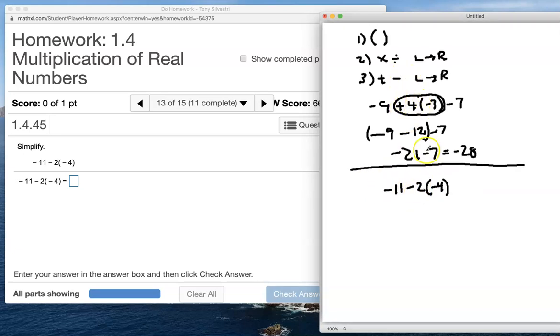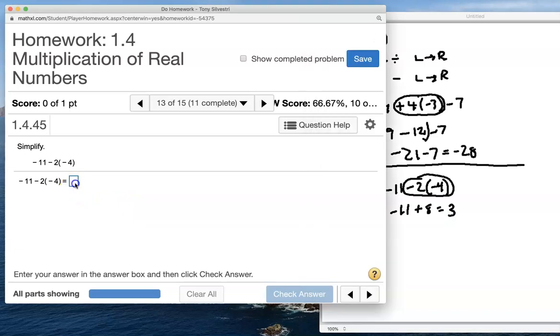You do subtraction last. What you got to do is identify that this is a multiplication over here. Do that multiplication. Keep the minus, bring down the minus 11. Minus 2 times minus 4 is plus 8. Okay, we took care of the multiplication. And then minus 11 plus 8 would be your number 3.